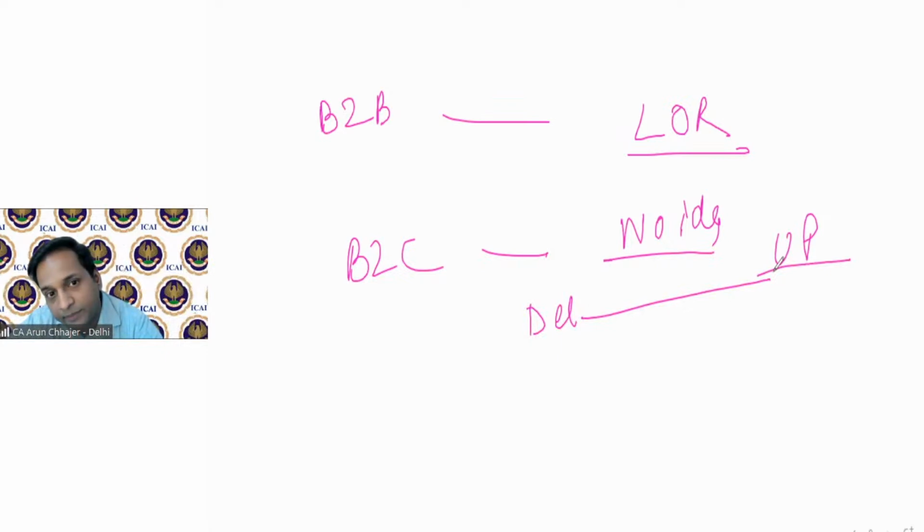In that case, if it is given to the registered party, then location of recipient, LOR, would be the place of supply. But if it is given to B2C, in that case the location Noida would be the place of supply, being the pickup location. Zarna, confirm once so that I can move to the next question.